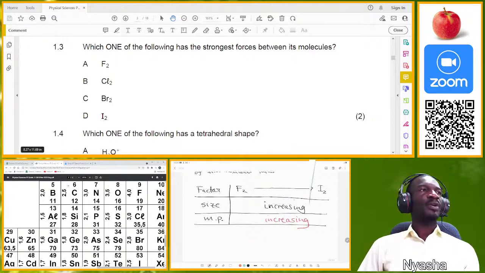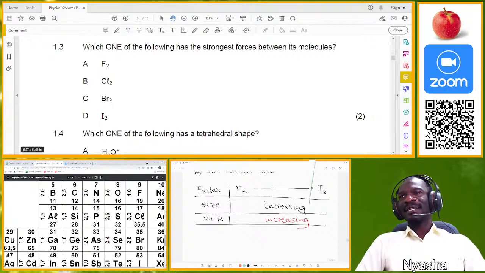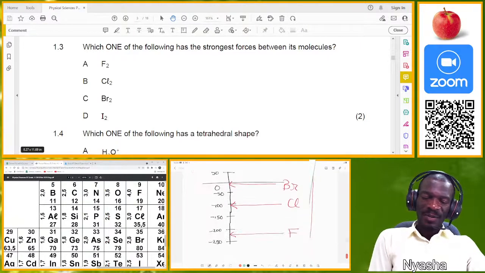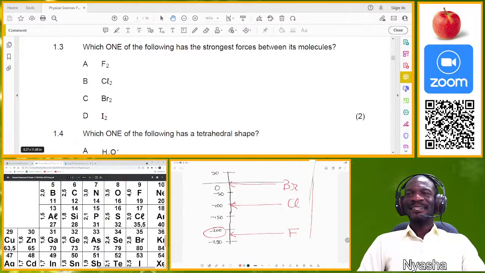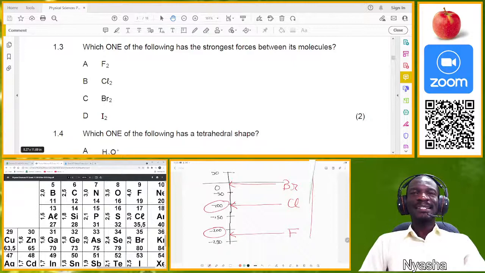If the melting point is increasing, you can imagine that the bonds are very strong, because for chlorine we need very little heat, at a temperature of just minus 220 degrees Celsius. But we'll have to increase that temperature to start breaking the bonds in chlorine.